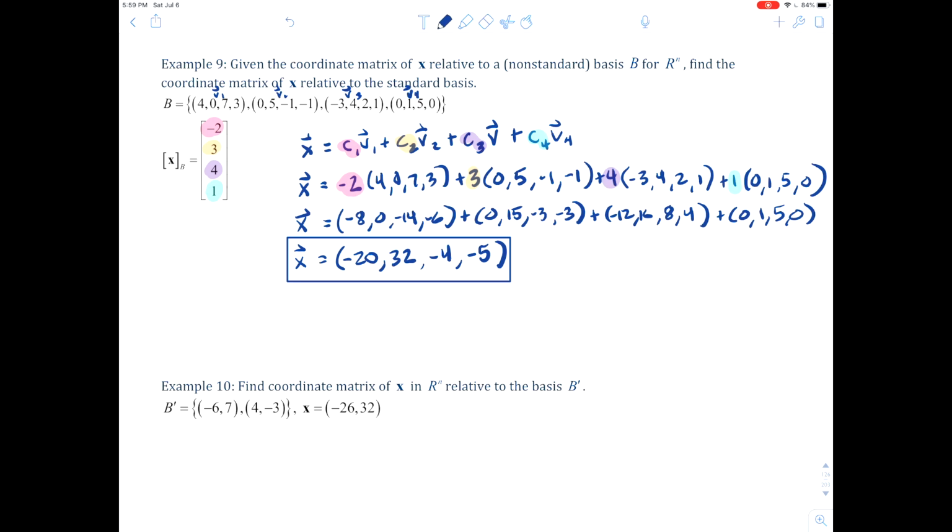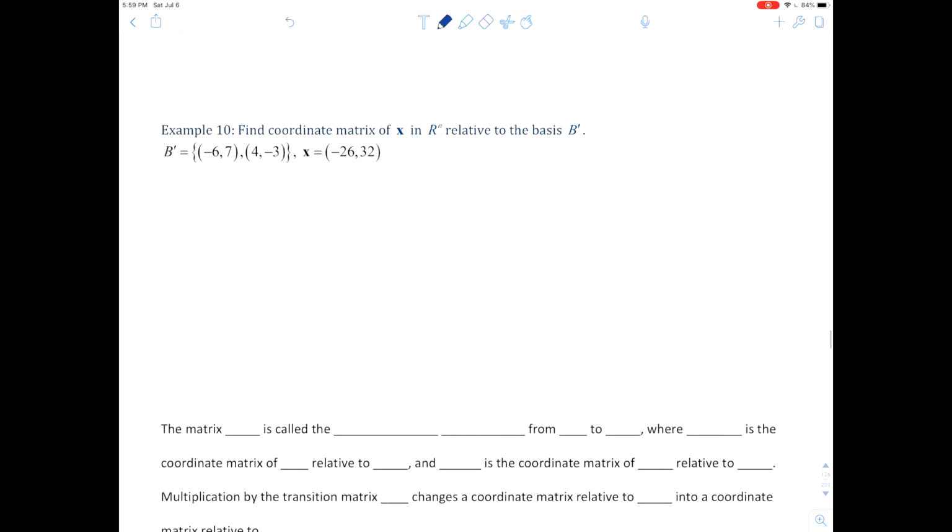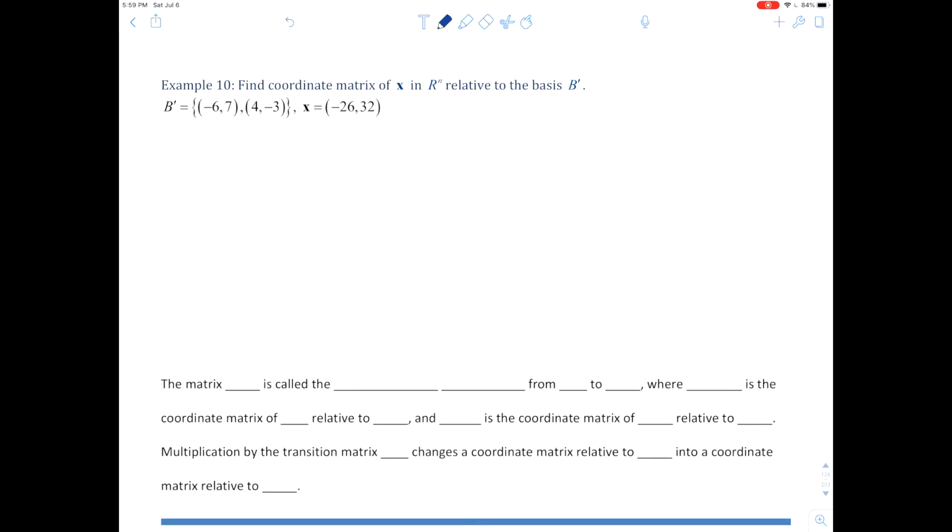For our next example, find the coordinate matrix of x in Rn relative to the basis B prime. So we've been given this basis B prime, and we're in R2. So it's (-6, 7) and (4, -3). And we've been given that the coordinate matrix of x relative to the standard basis is (-26, 32).